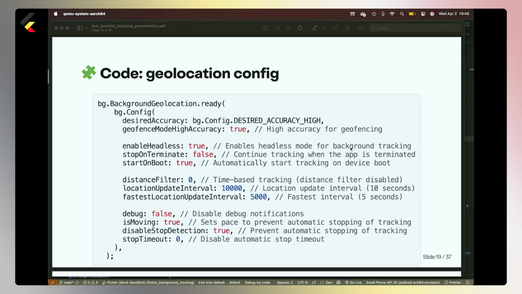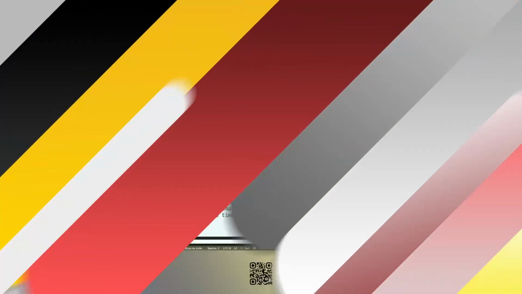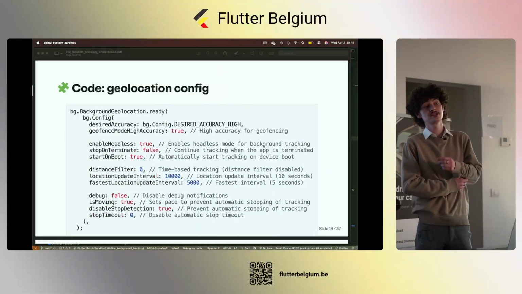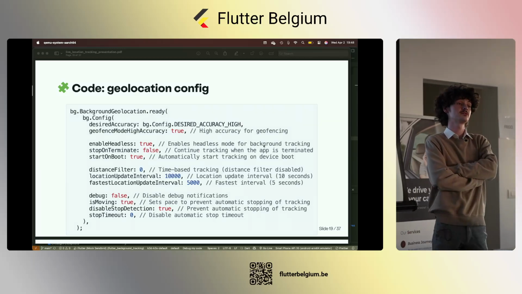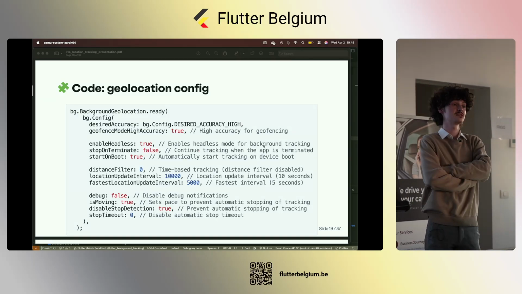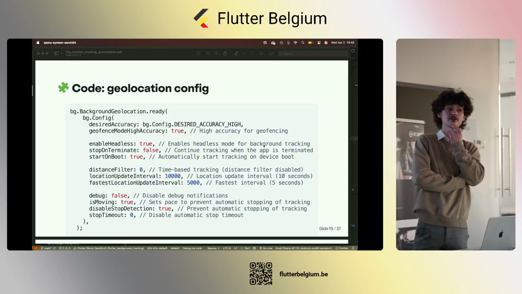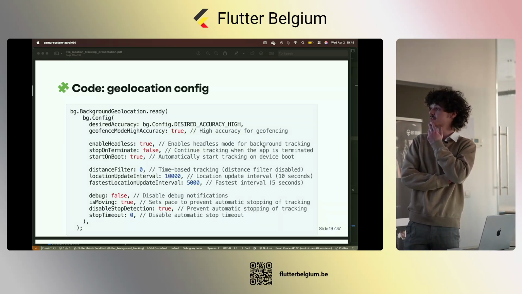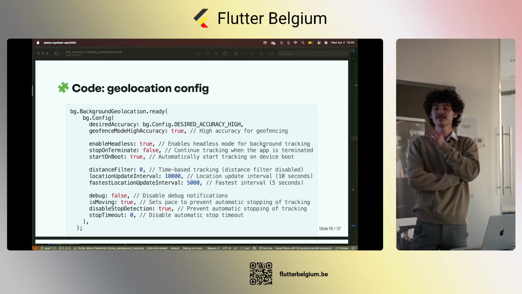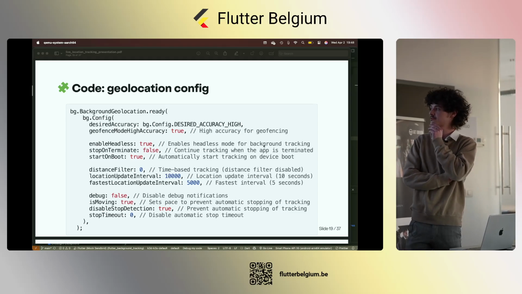update from the package. I've set it to 0 because we don't want location updates to be location-based, but we want the updates to be time-based. So the distance filter is 0 and location update interval is set to 10 seconds, but that's quite inaccurate, so under that I've set it to 5 seconds.